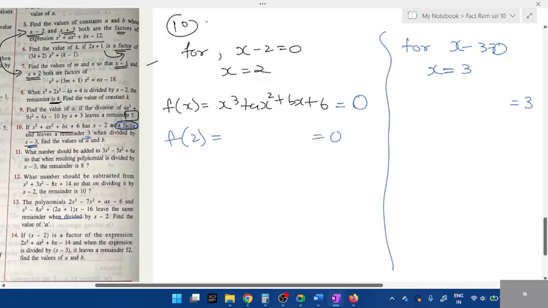Look, if it is a factor, what do you take? Remainder as 0. For the second part, and leaves, meaning it is the second sentence, and leaves a remainder of 3. Okay, remainder of 3 when divided by x minus 3. So f of 3 is equal to 3, write the same equation.